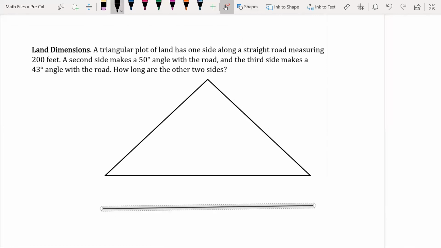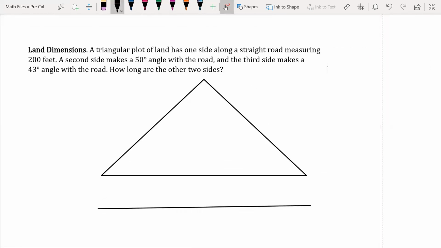Probably don't need my road, but I'm putting it there anyways. And now we say that another side of this triangle makes a 50-degree angle with the road. So we'll just say that this part's 50 degrees. And then the third side makes a 43-degree angle with the road.